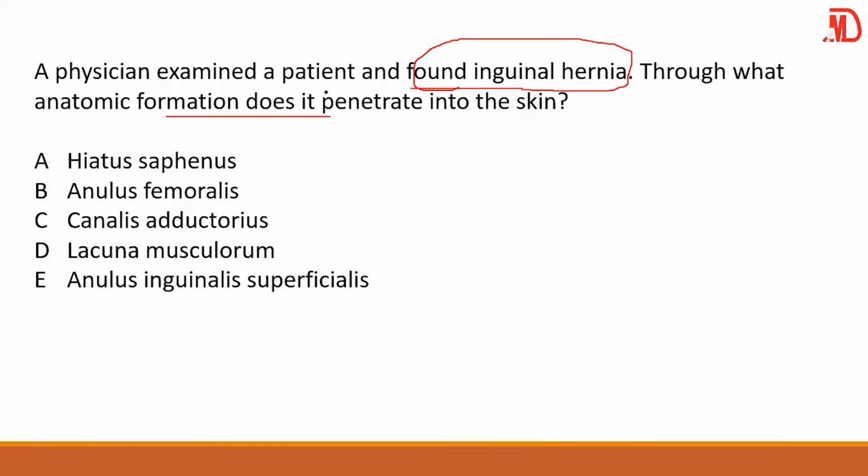So here you are definitely thinking of the hiatus saphenous. I can really tell you the anatomic structure, but you must see the structure. So if I were you, after this, I'd go and look at the hiatus saphenous and see where it is located in connection with the inguinal hernia. Don't forget, when we say hernia, that means there's a protrusion of the abdominal content.